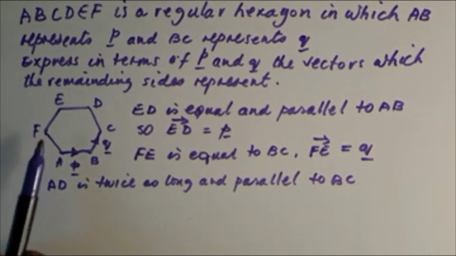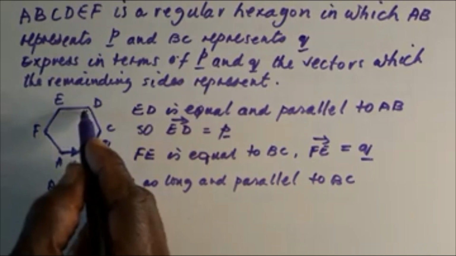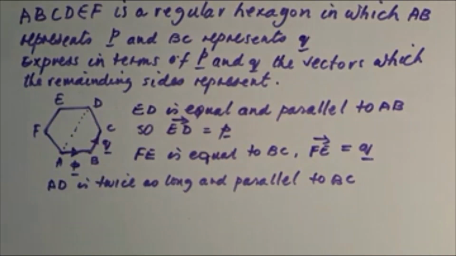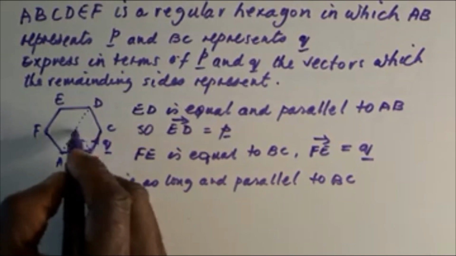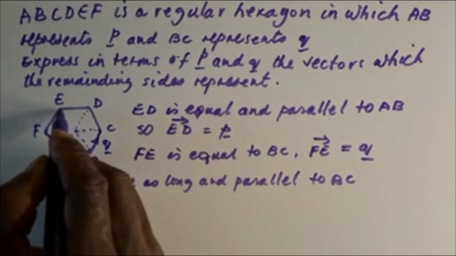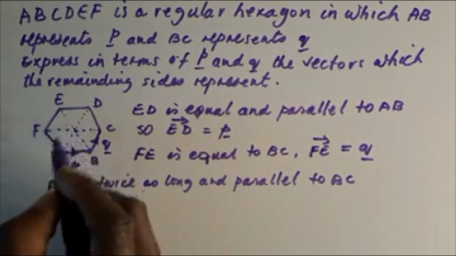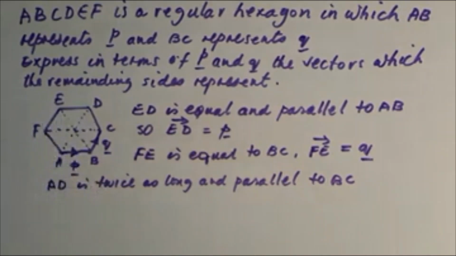Well, if you look at AD, we have an imaginary line here. Why is it twice? In a regular hexagon, we have equilateral triangles here. We have 1, 2, 3, 4, 5, 6 of them.